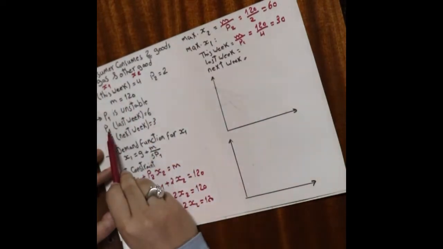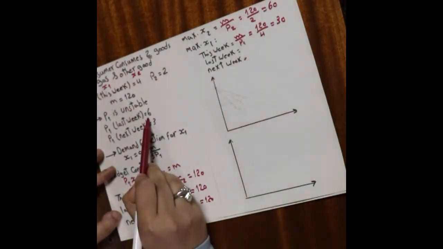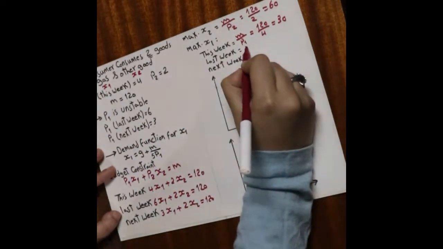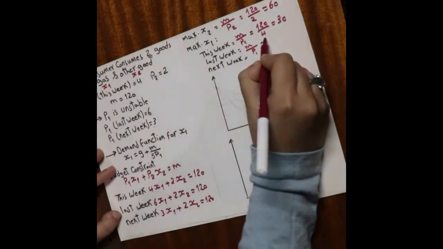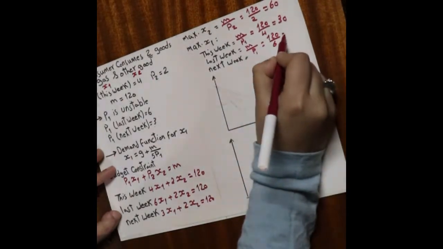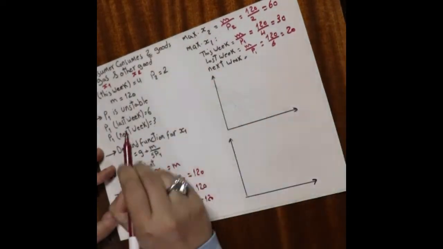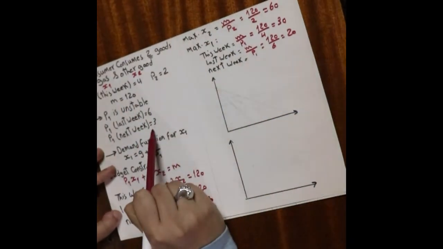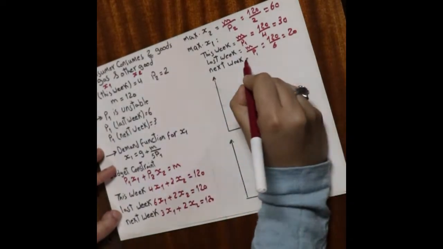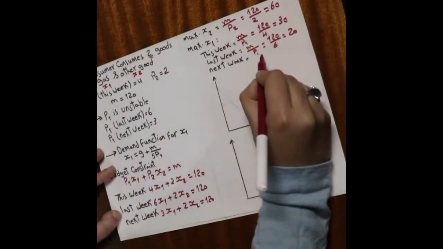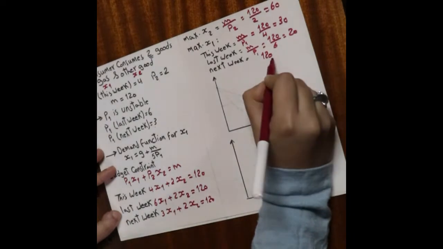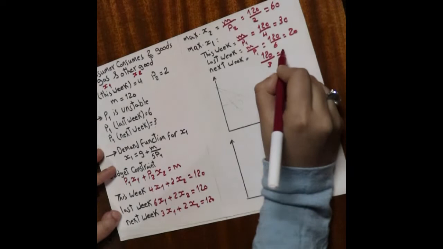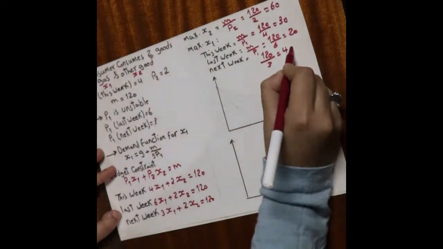If the price equals 6, the maximum units of gas will be 120 over 6 equals 20. If the price equals 3, the maximum units of gas will be m over b1 equals 120 over 3 equals 40 units.